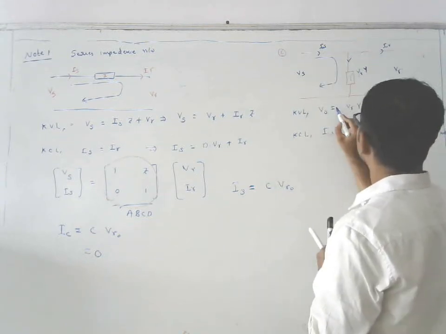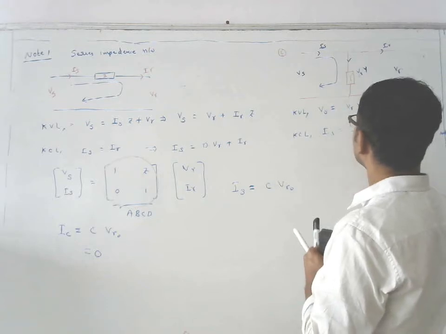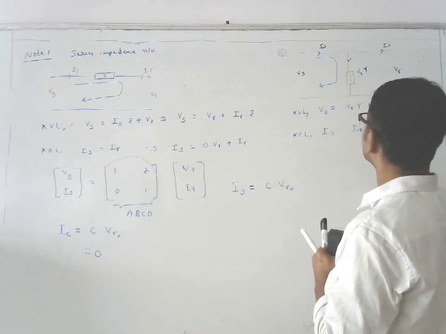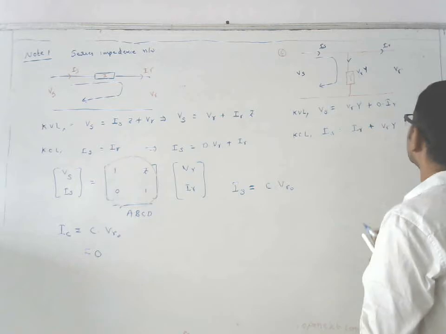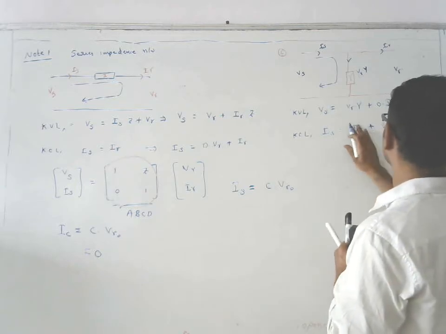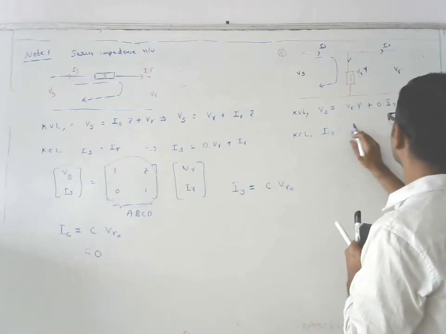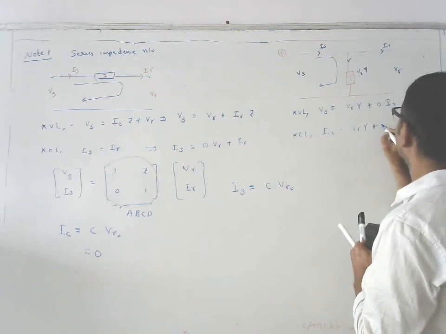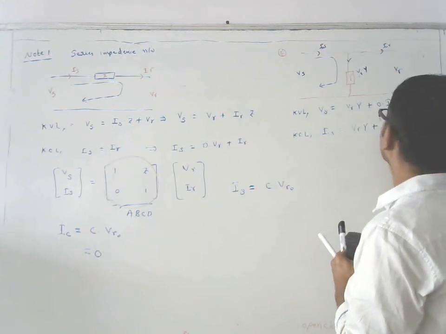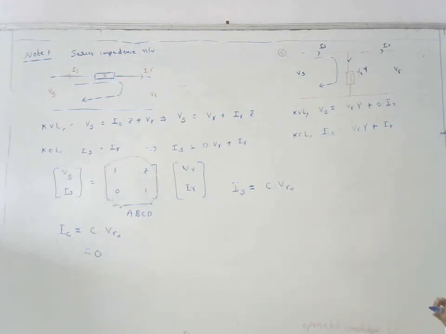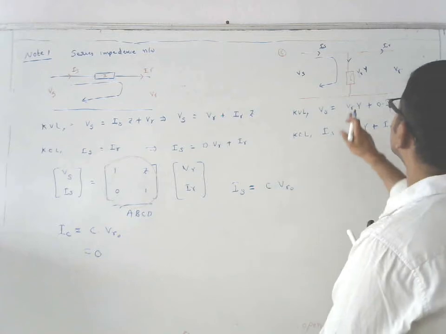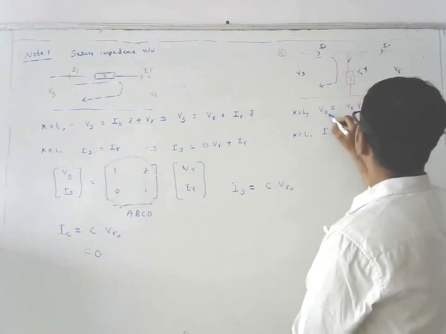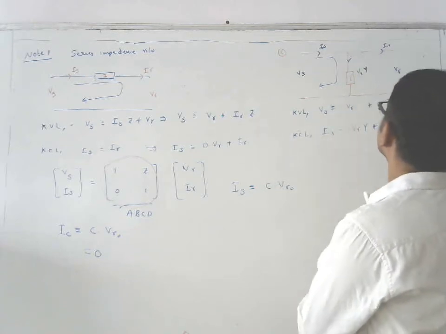0 into IR. So in terms of VR, we have VR into Y plus IR. The voltage equation here means VR only. Vs is equal to VR. So this is not current magnitude.